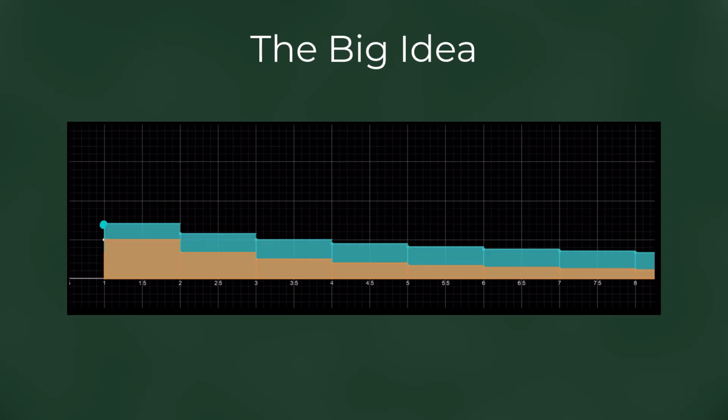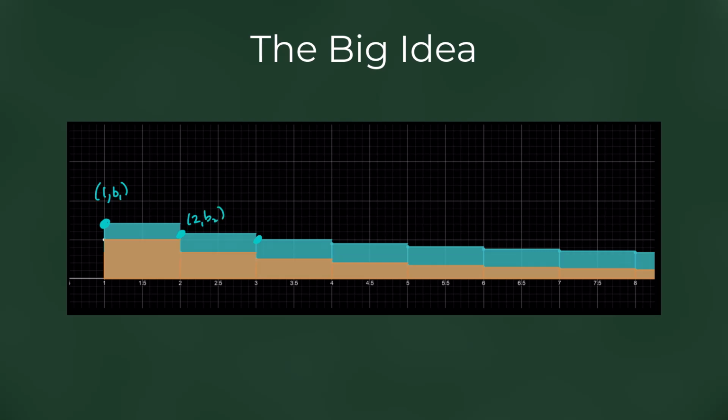So if we look at this graph, we note that we have some sequence b sub n, and we're going to identify each of these corner points on a rectangle. That's going to be the point n comma b sub n. So we have 1, b sub 1, 2, b sub 2, and so on and so forth.